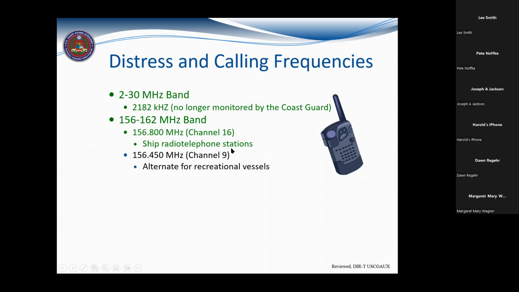The Canadians won. So now the procedure is you should be listening to 16 at all times, but you can also listen to 9 and use it as an alternative calling between recreational boats. Commercial vessels and all official broadcasts will continue to be on 16.